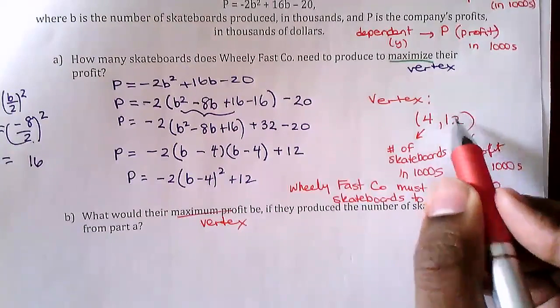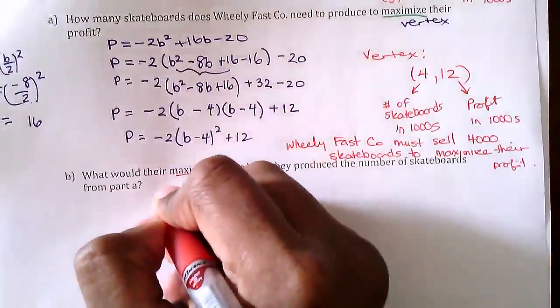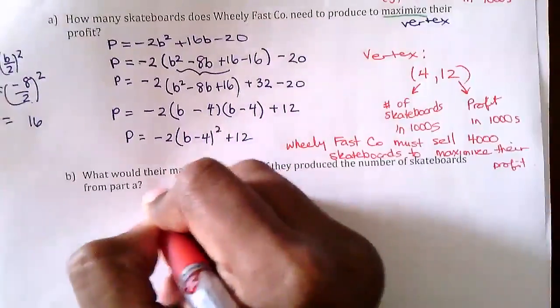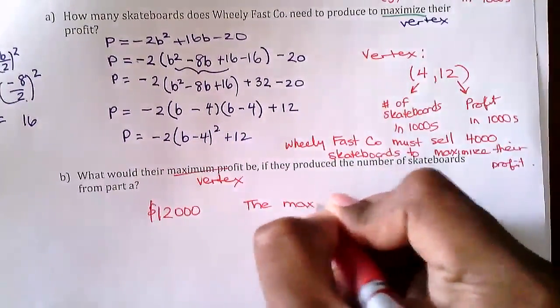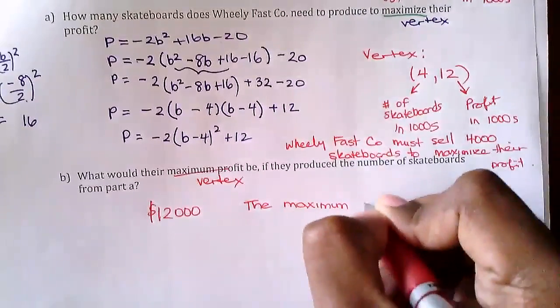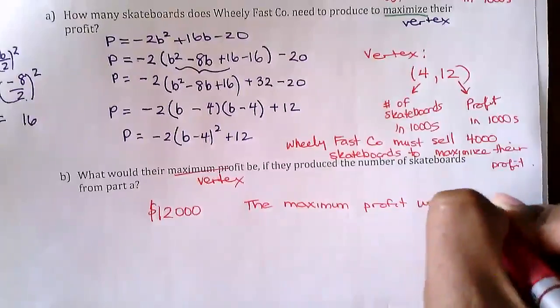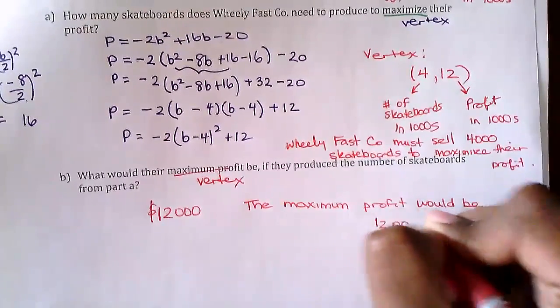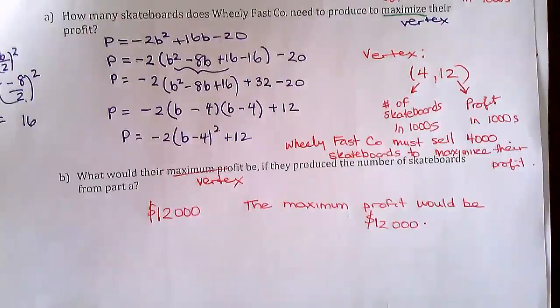So that means I have $12,000. And so the maximum profit would be $12,000.